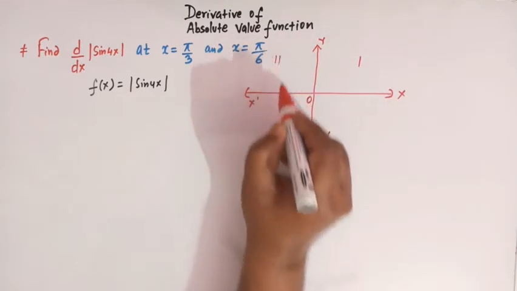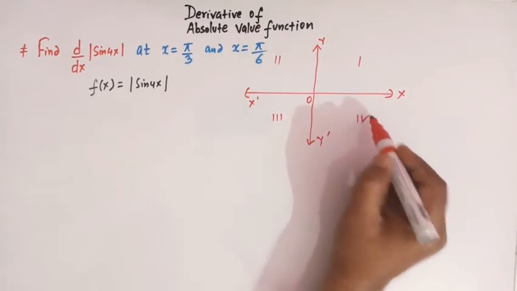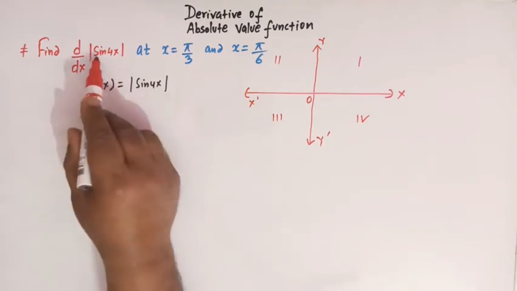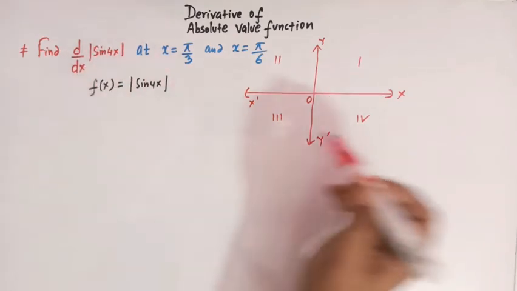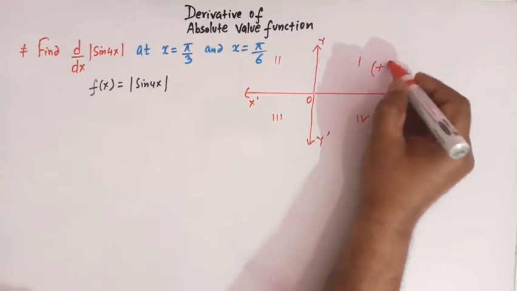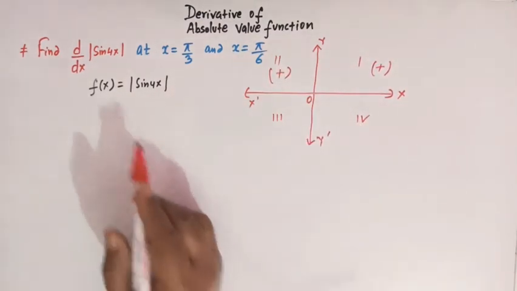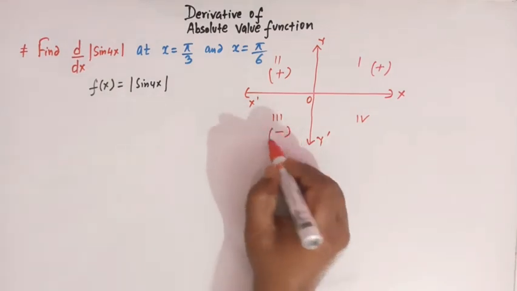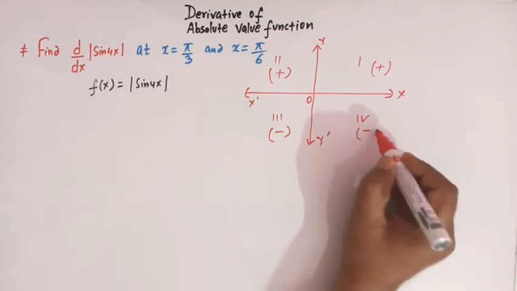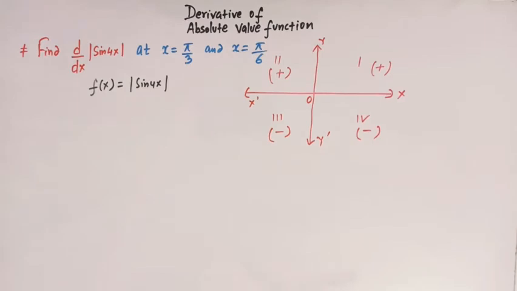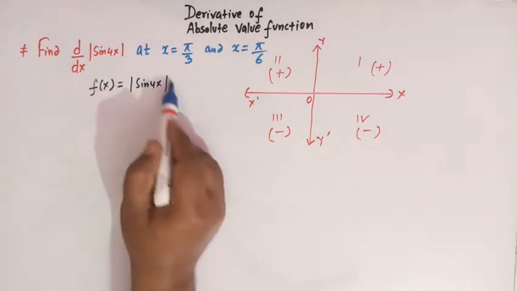This is the first one, this is the second, this is the third, and this is the fourth. We know that the sine function is positive in the first and second quadrants, and negative in the third and fourth quadrants. So this concept would be used here to write this function.